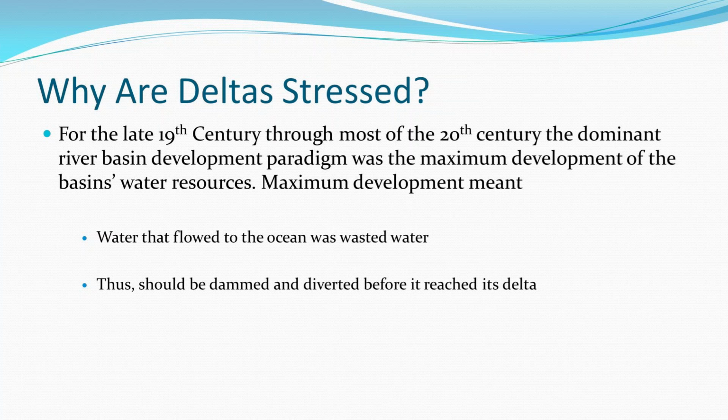And that had two very specific components. First of all, in the name of efficiency, water that flowed to the ocean was viewed as wasted water because it was not being used.